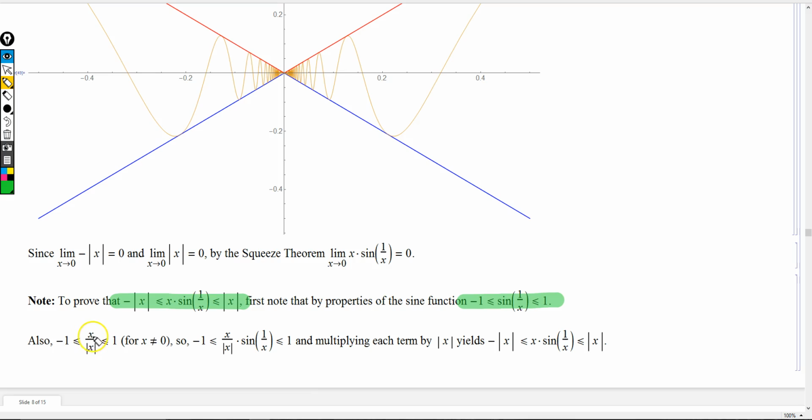Also, x divided by absolute value x is always between -1 and 1 as well, right? A number divided by its absolute value is going to be between -1 and 1, except for 0, of course, but we're not worried about 0 because we're looking at a limit as x approaches 0.